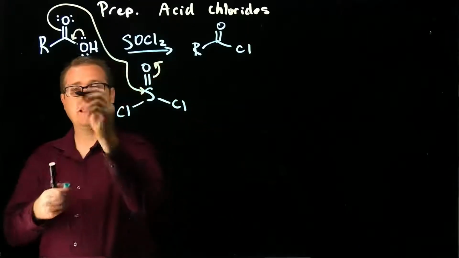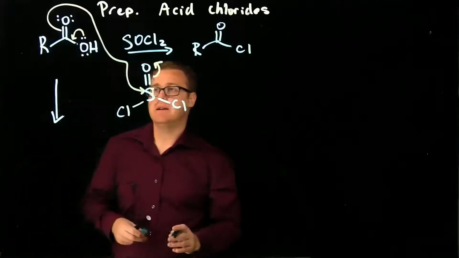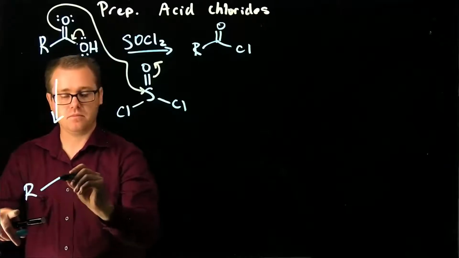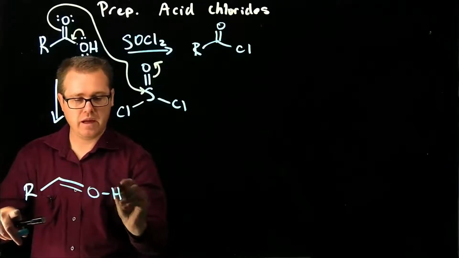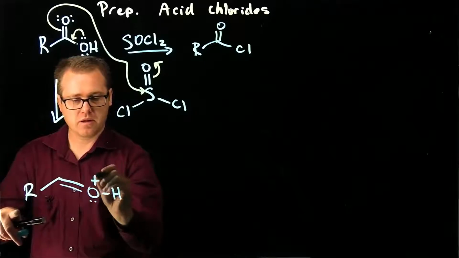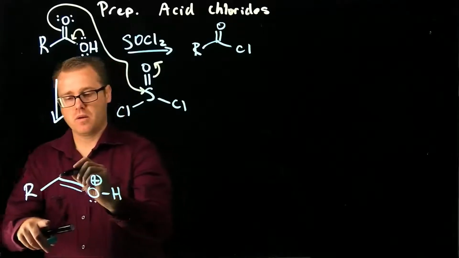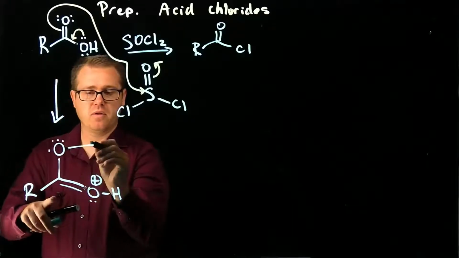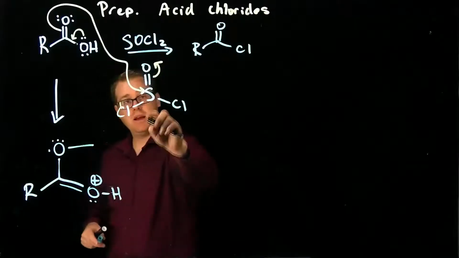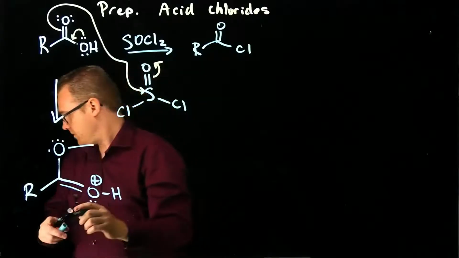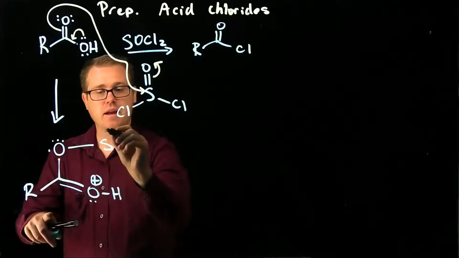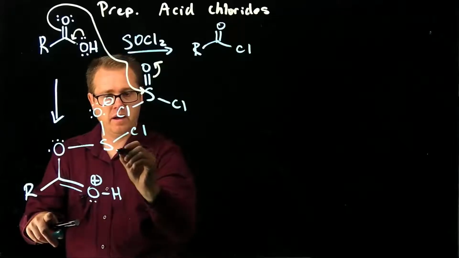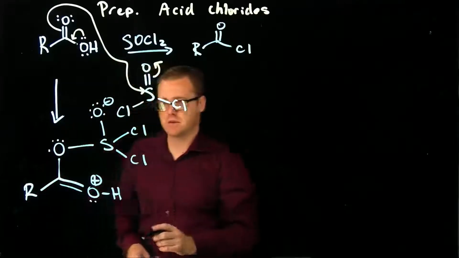So we are going to come down this way to see what that looks like. So we have our R group, double bonded OH, so that's going to be positive. We're going to have our oxygen right there, and that's going to form a bond with the sulfur. And that sulfur has an O minus right here, a chlorine, and a chlorine, just like that.